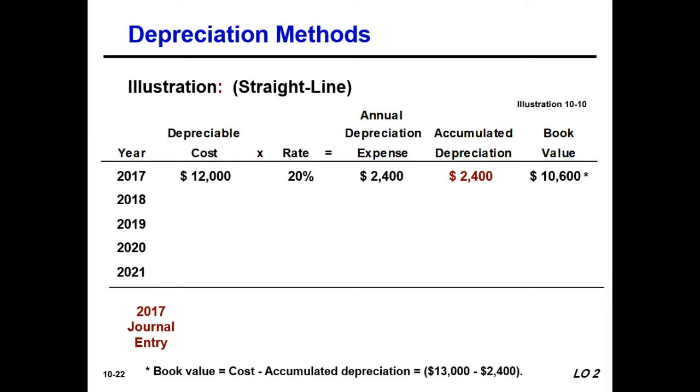Whenever we have a depreciation, something is debit, something is credit. What will be the journal entry on December 31?